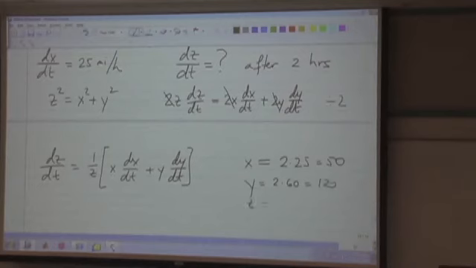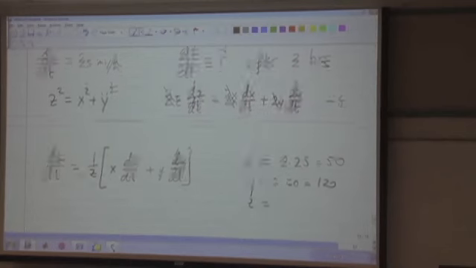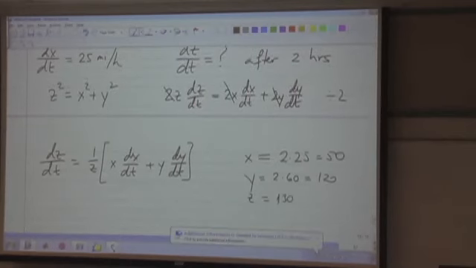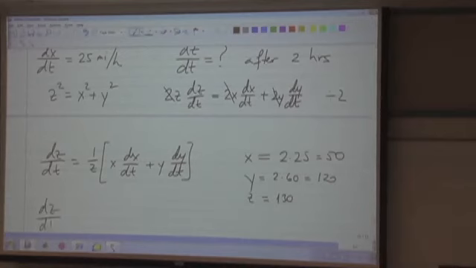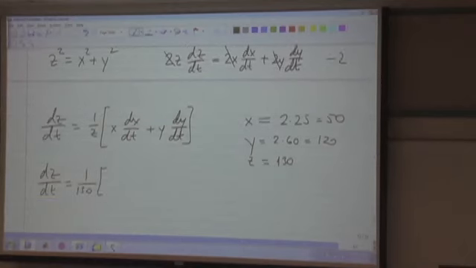Can you tell me what z is? 130? 5, 12, 13, again, the same Pythagorean numbers. The fact that it's 50 to 120, 130 doesn't really change anything, right? So, dz over dt then becomes 1 over 130 multiplied by 50 times 25 plus 120 times 60.